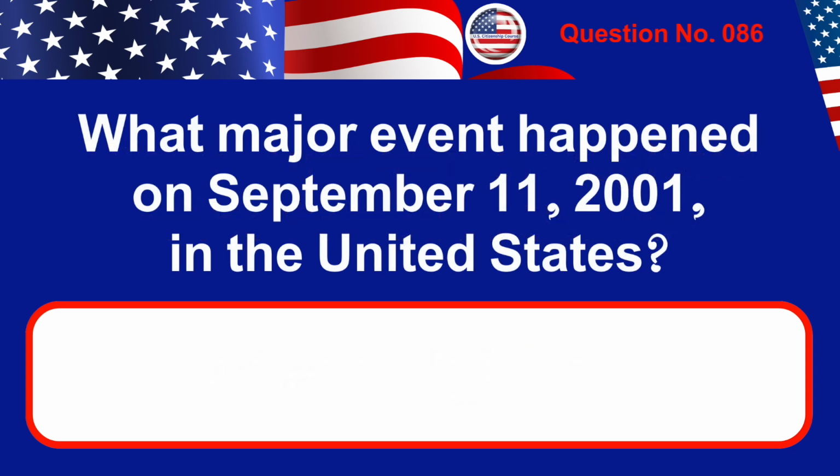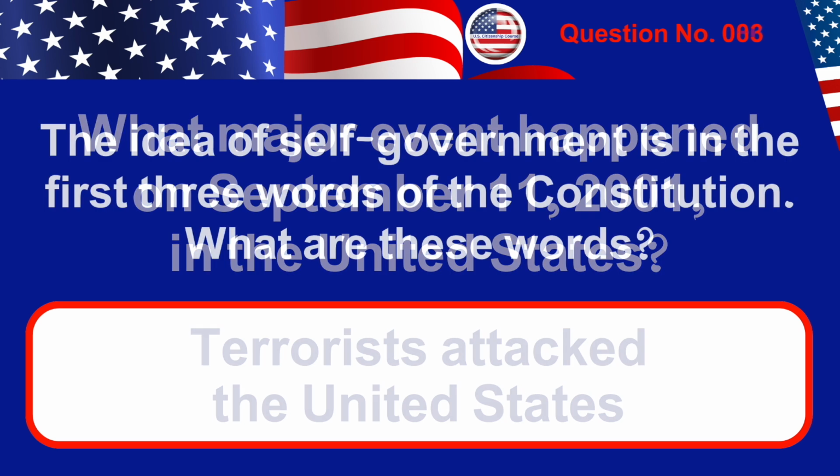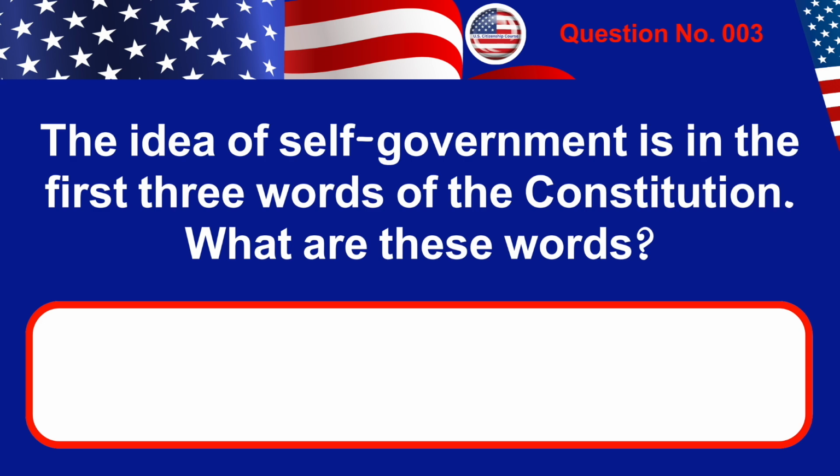What major event happened on September 11, 2001, in the United States? Terrorists attacked the United States. The idea of self-government is in the first 3 words of the Constitution.